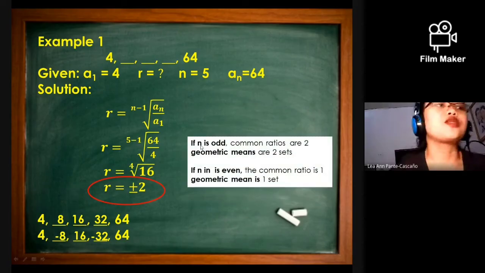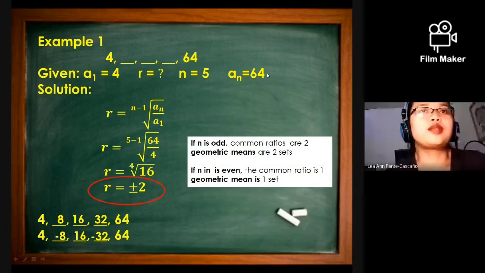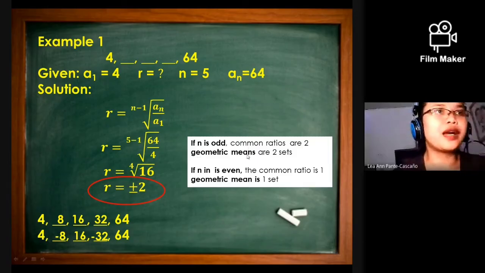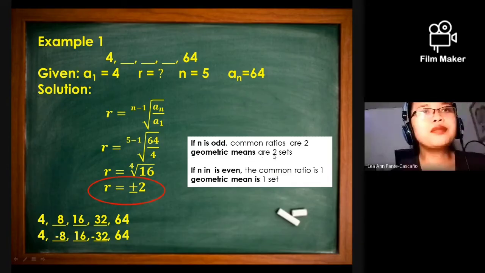O, ito sa mga dapat tandaan. Kung depende tayo sa given, kung ang ating n daw po ay odd, yung common ratio natin ay dalawa. Isang positive at isang negative. Kapag ang geometric means naman daw po din natin or geometric sequence ay dalawang set naman po.